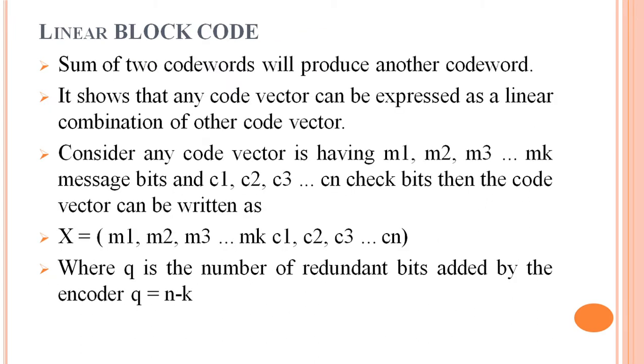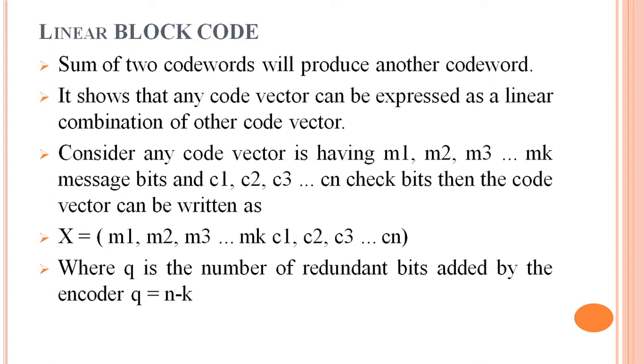As I already mentioned, in this video we are going to see about linear block codes. Linear block codes are those in which the sum of two code words produces another code word. How is a linear block code expressed? Let us consider a code vector having message bits M1 to Mk and check bits C1 to Cq.